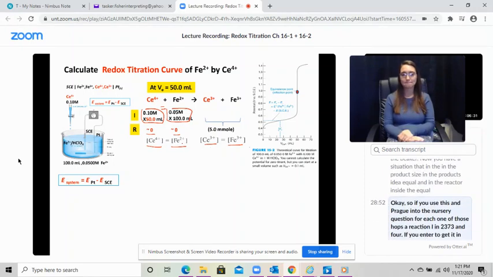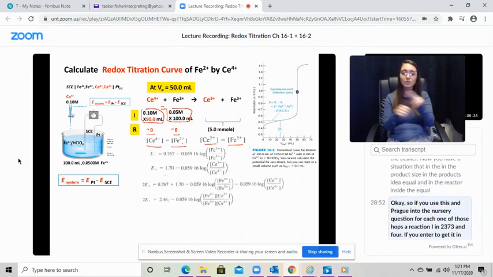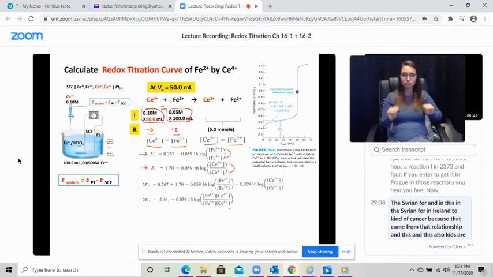Okay, so if you use this and plug into the Nernst equation for each one of those half-cell reactions, iron 2, 3, and cerium 3 and 4, if you add them together, you plug in those relationships here, you'll find out the cerium 4 and the iron 2 cancel out because that comes from that relationship.